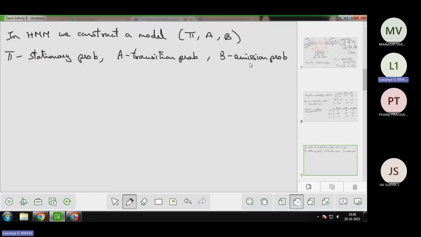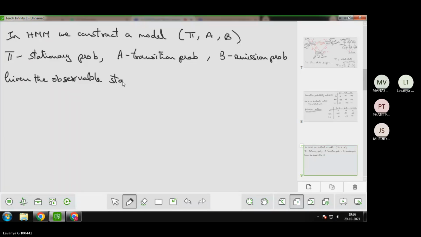Once you have all these three things coming into play, how are we going to predict the hidden states? Given the observable states, what is my observable state?